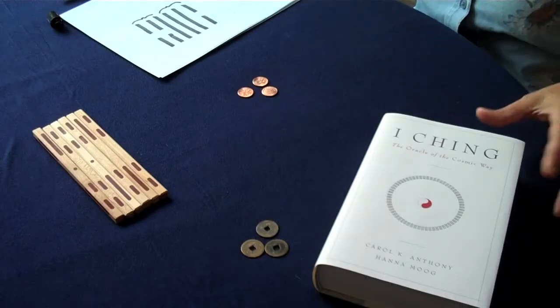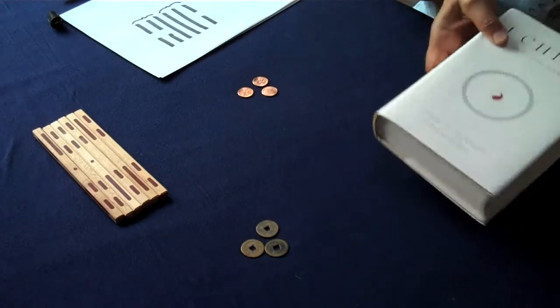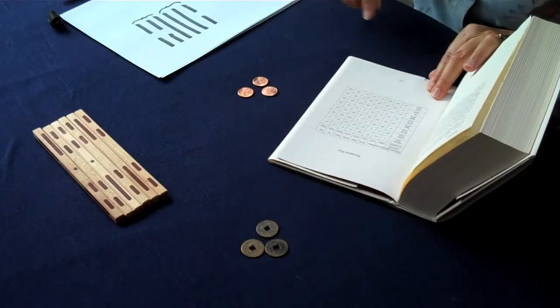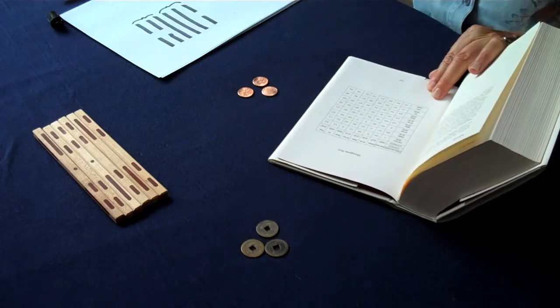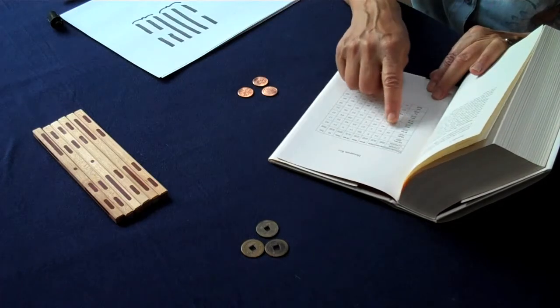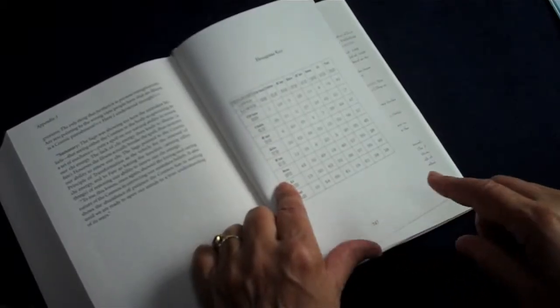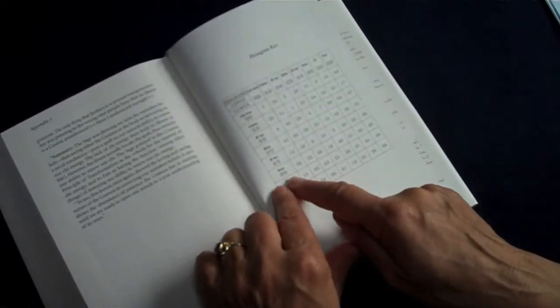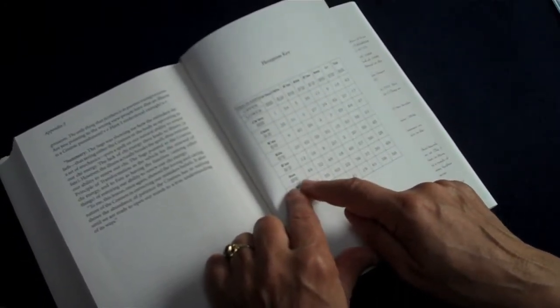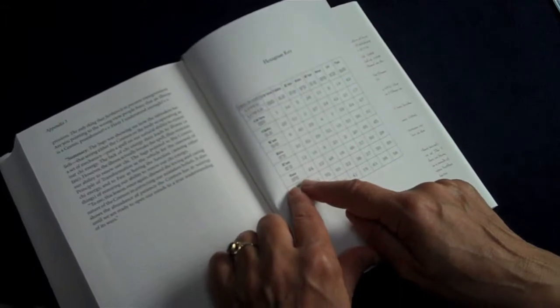I can look this up in my book. There's a chart here at the end of the book that shows me these trigrams and what combination I have received as a hexagram. The bottom trigram or lower trigram is Sun, 1 dark line and 2 light lines on top of it.